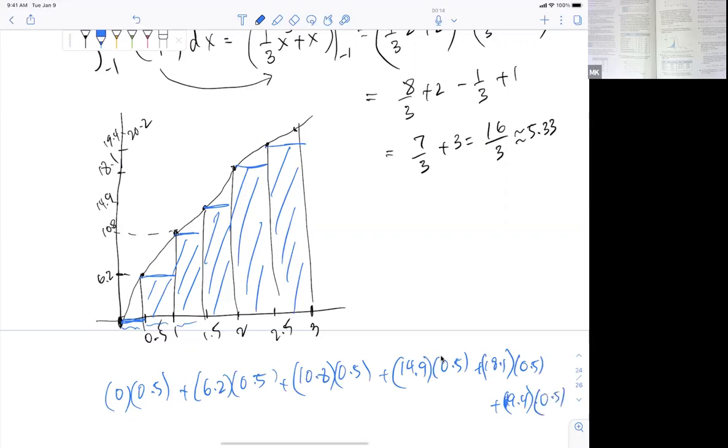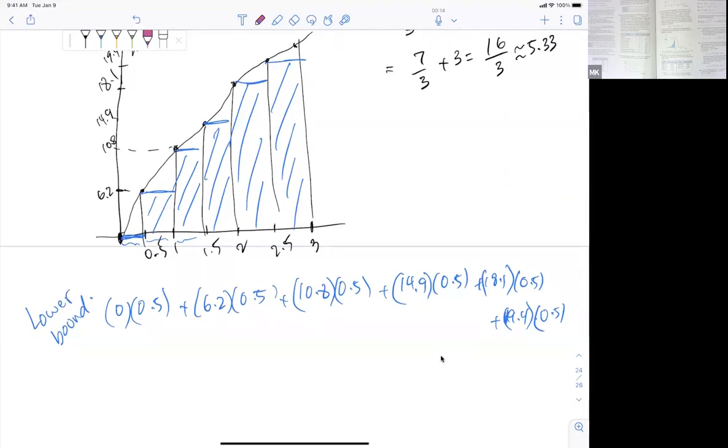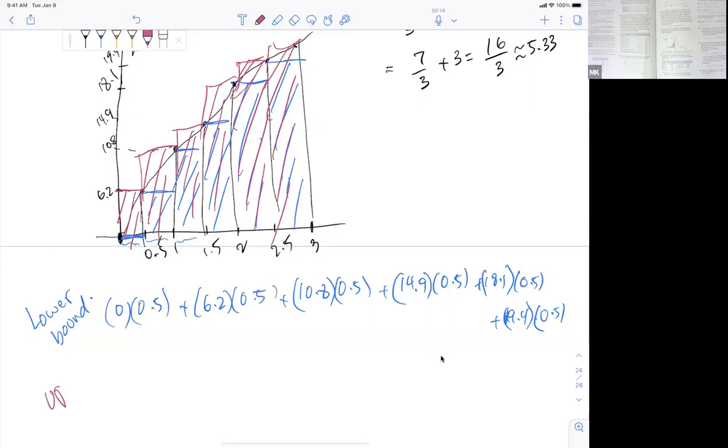That would give me a lower estimation. The higher estimation, the upper bound, would be if I use the right endpoint approximation. And I'll let you guys do that one. Again, remember, if you calculate the area below the velocity curve, you're actually getting the total distance traveled.